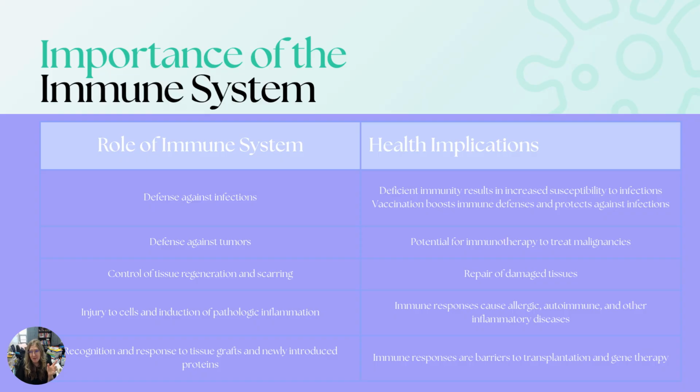Immune activity can protect us from infection, but immune dysfunction can cause disease. Immune cells can help repair damaged tissues, but inflammation can also damage tissue. That idea, protective versus pathologic immunity, is really going to come up repeatedly throughout this semester. Again, it's all about that balance, right?